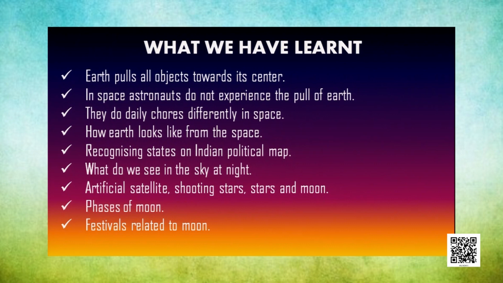How Earth looks like from the space. Recognizing states on Indian political map, that also we have done. What do we see in the night sky? That also we have discussed. Those are artificial satellite, shooting stars, stars and moon. We have also learned the phases of moon and festivals related to moon.